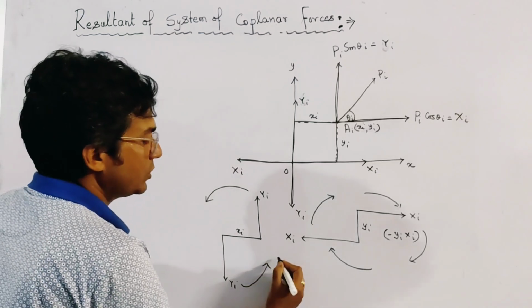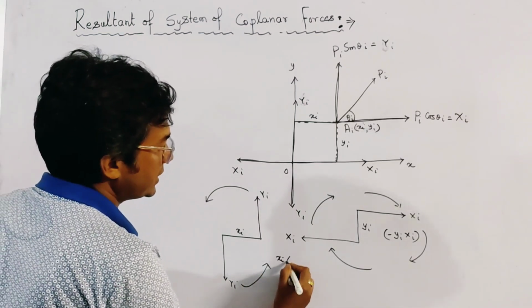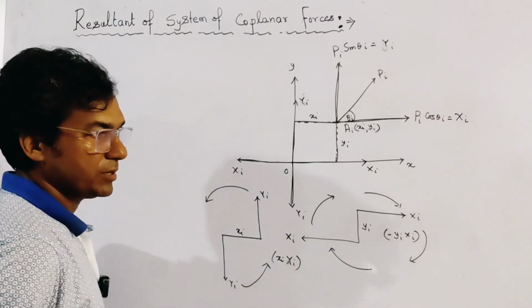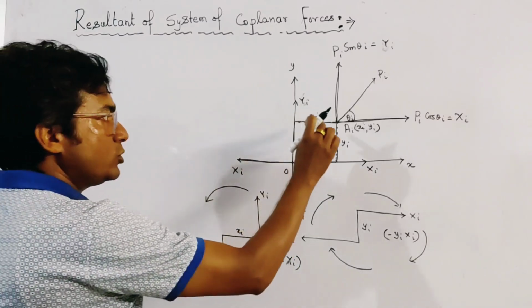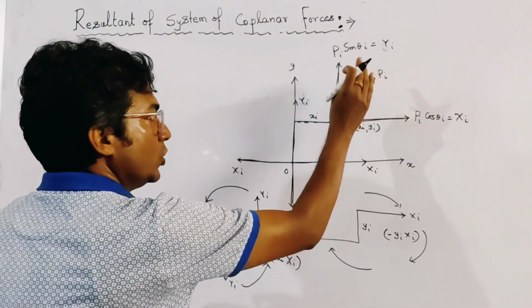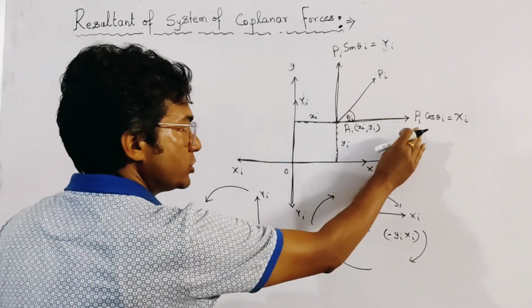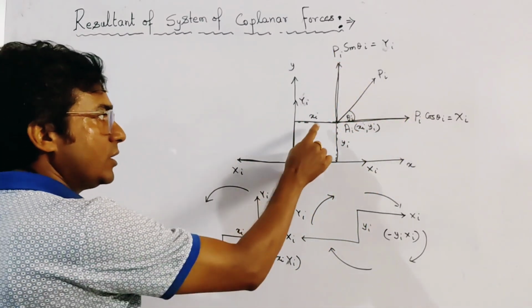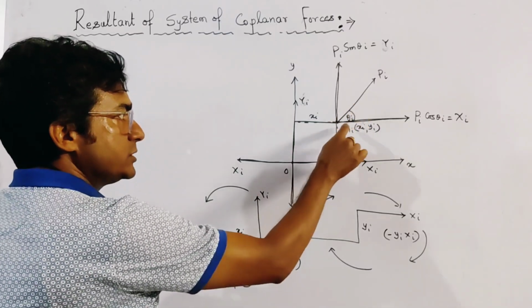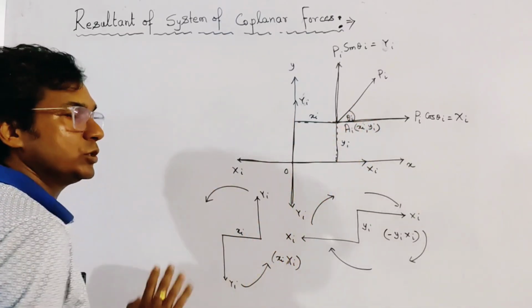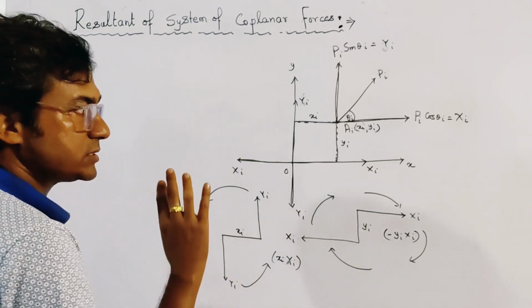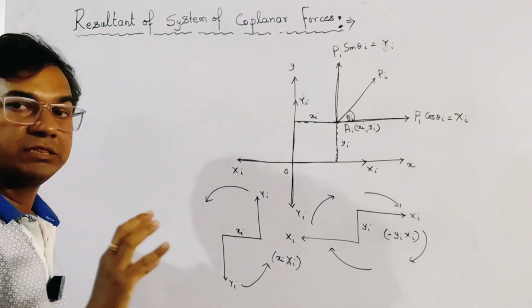So the moment of the couple is xi into Yi, and this is a positive couple. So the force at Pi, we resolve it first into two forces along the x-axis and y-axis, and now these two forces become the forces of two couples. So the total system is resolved into three parts.